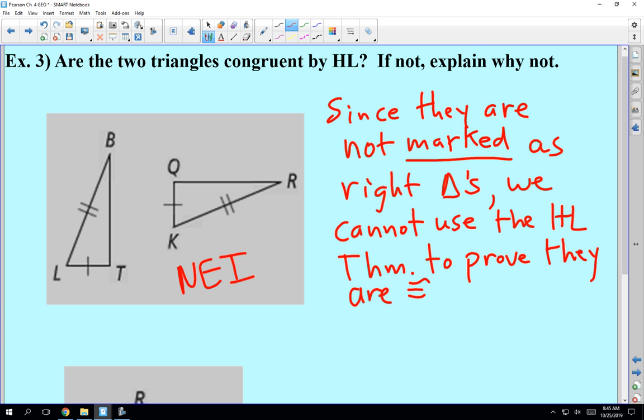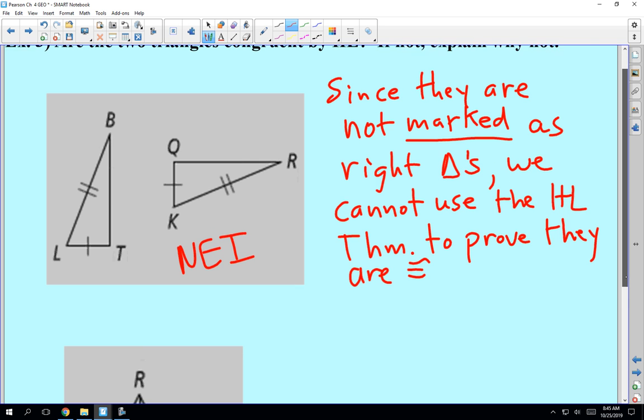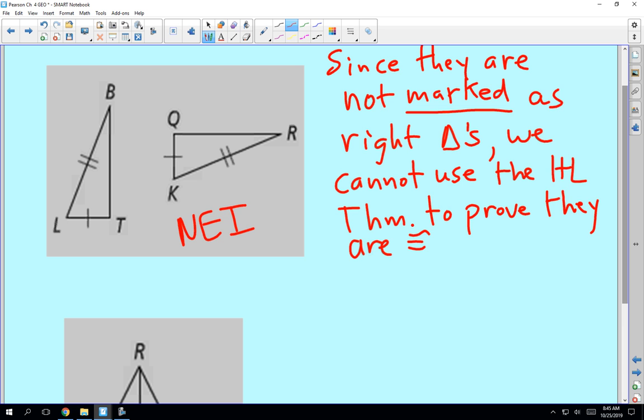It's not that they aren't congruent, maybe they could be, but we don't have enough information to prove that they are congruent. So we're looking for those right triangles. If they shared a side, I might be able to prove they are congruent by one of these others, but they don't. It's not enough information. And it's really based on the fact that they are not marked as right.